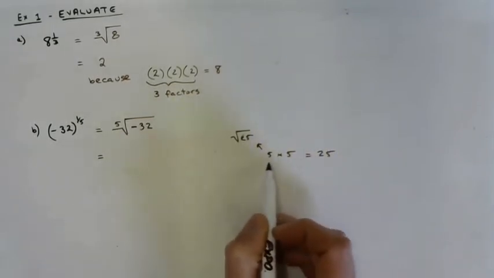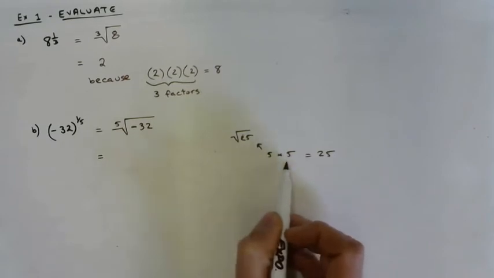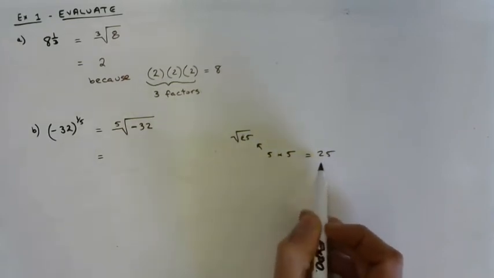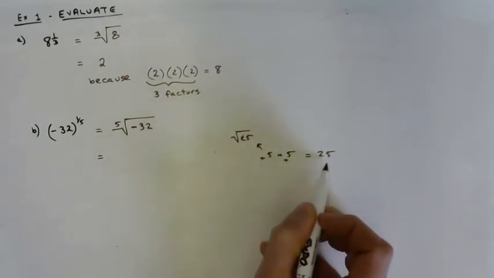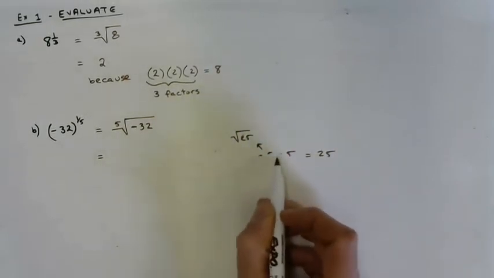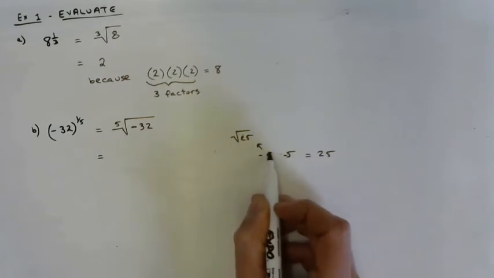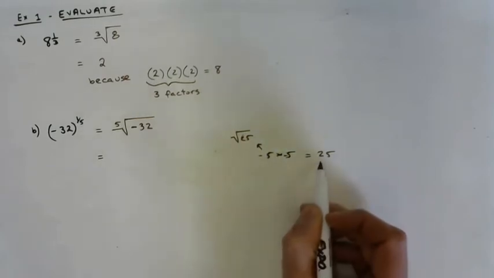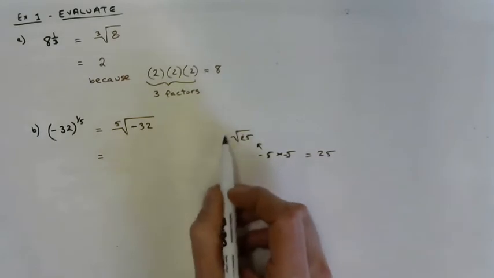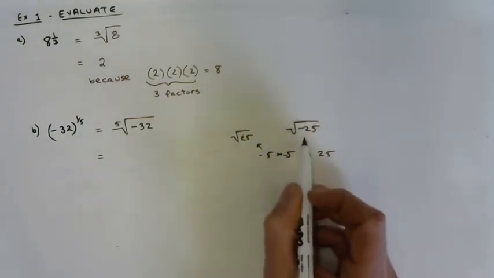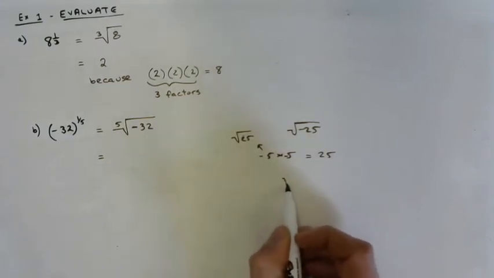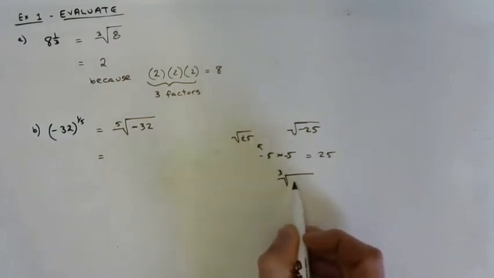With 2 factors, you'll only ever get a positive value, because either both are positive, and a positive times a positive is positive, or both are negative, and a negative times a negative is a positive. So that's why you can't have the square root of negative 25. It doesn't exist.